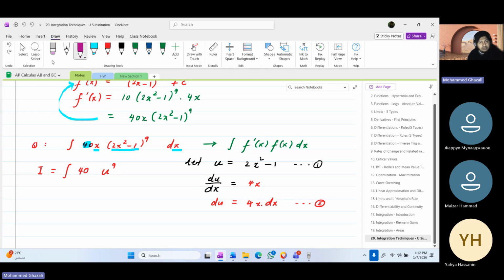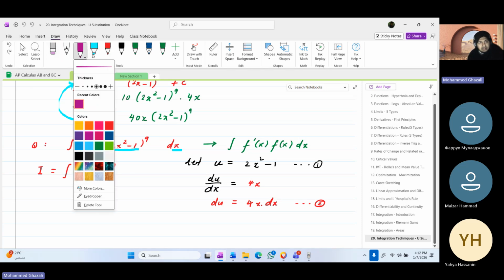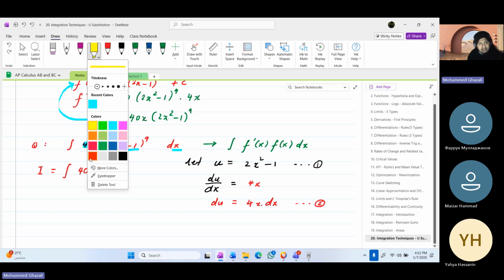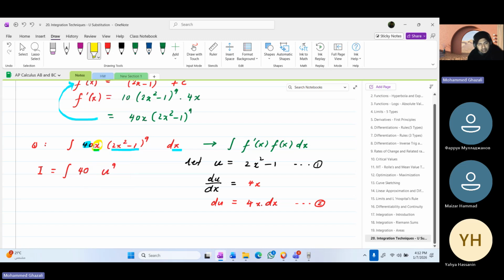The only thing we are left with is x dx, and to find x dx we use the second equation, because equation 1 is used up. I substituted equation 1 here: 2x squared minus 1 is u to the power 9. Now I need to substitute equation 2. I see x dx in my integrand.